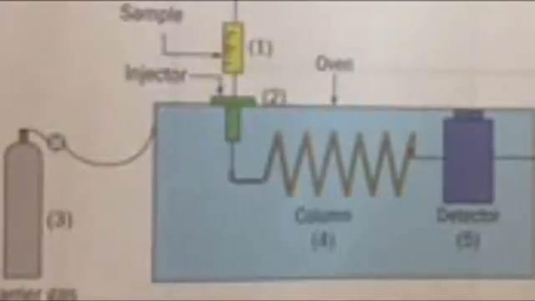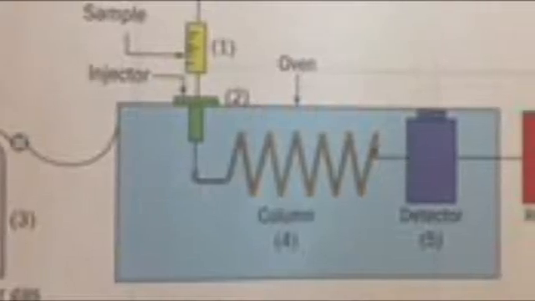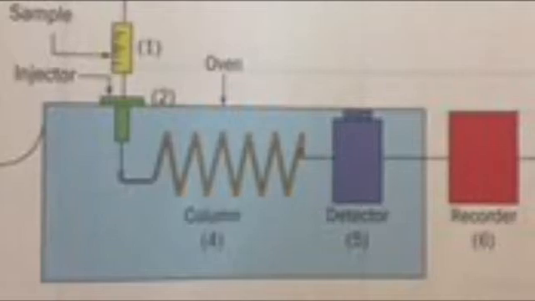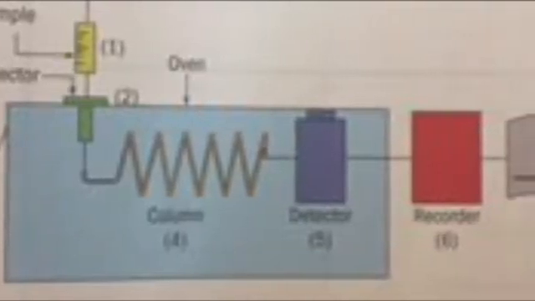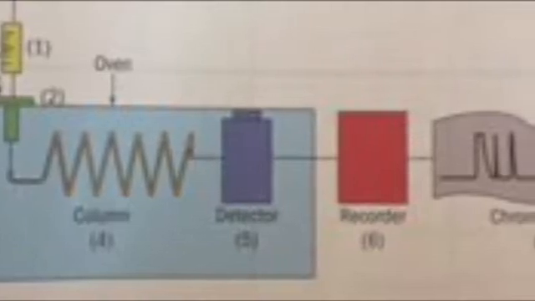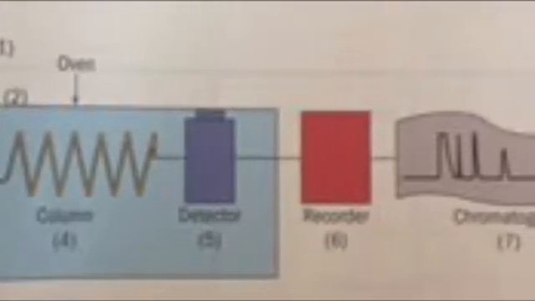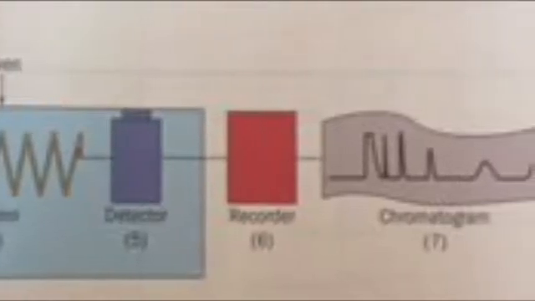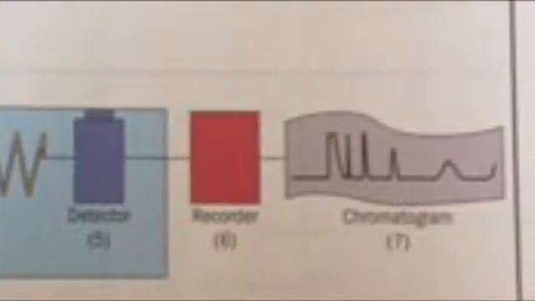Here is a copy of a diagram from your book showing the essential parts of a gas chromatograph. And the last part of that on the right is a graph that is generated by the chromatograph, showing each of those peaks would be a separate compound that's been separated out.